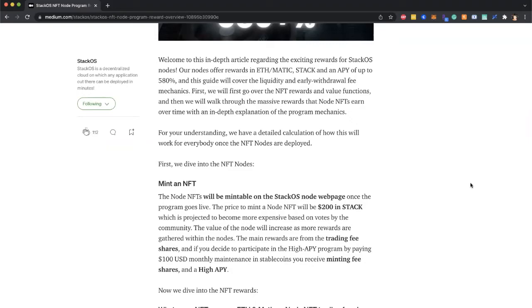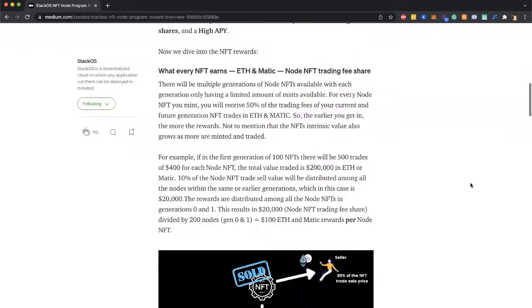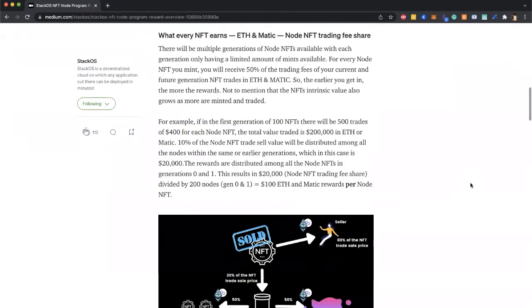I think there's an explanation given over here as well. Let's say generation one has 100 NFTs and they have each been traded 5 times, so about 500 trades have happened at an average price of $400. 500 trades of $400 each is basically $200,000.